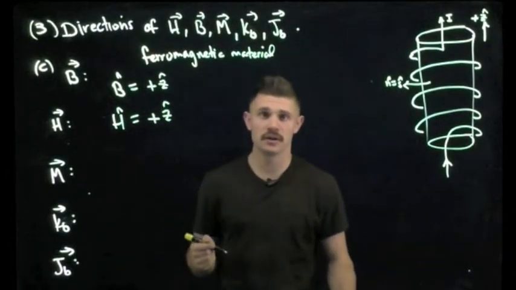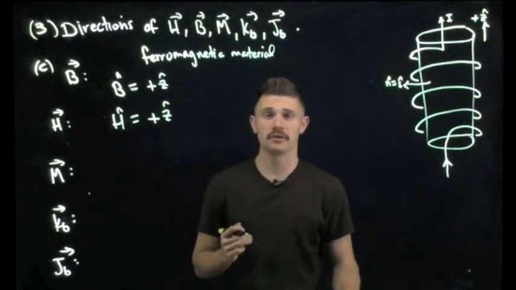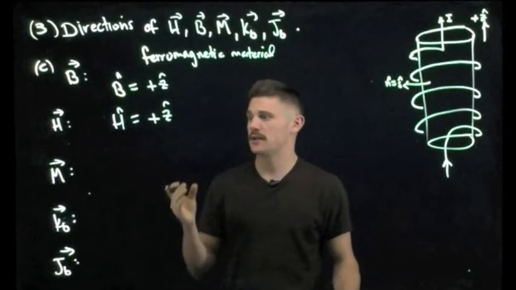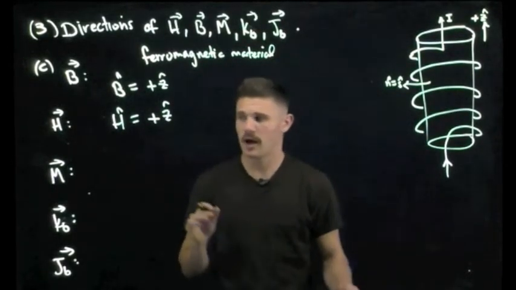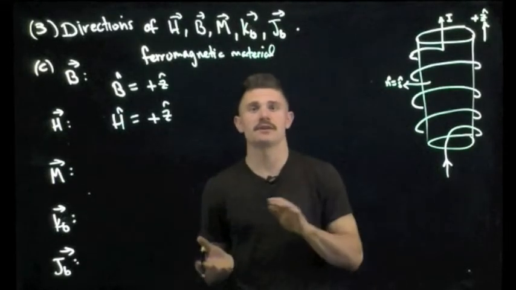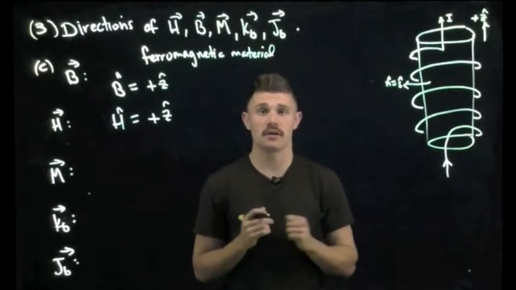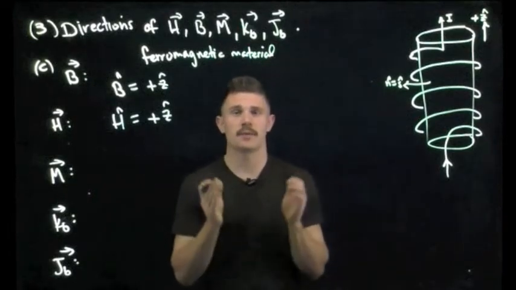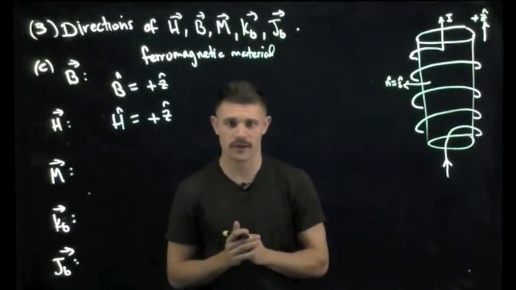For the magnetization, in this case for a ferromagnetic material, as you can see in question 1 of the practice final, the applied magnetic field works to kind of align all of the domains within our ferromagnetic material, inducing a magnetization in the direction of that magnetic field.